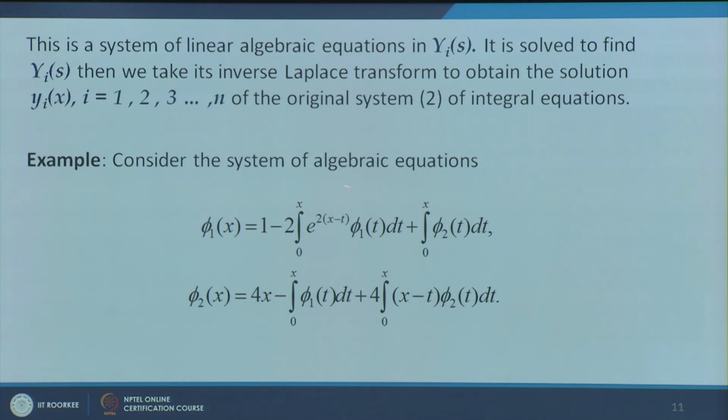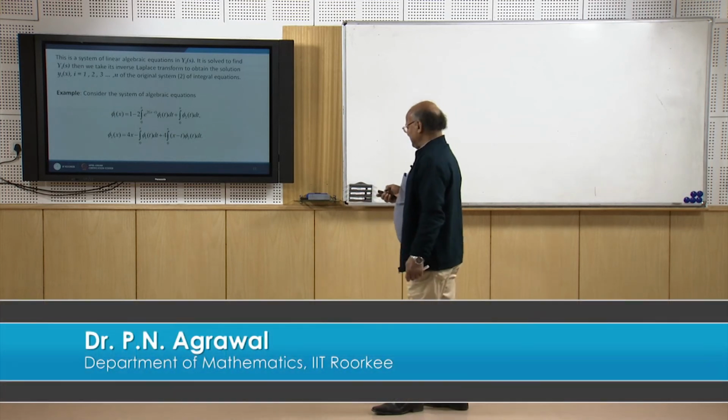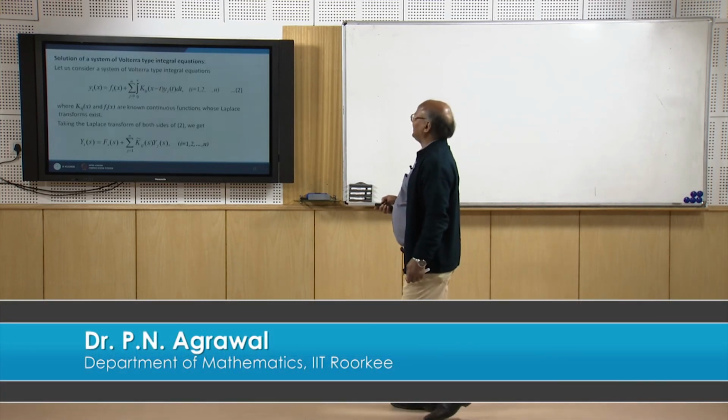Let us say, for example, we consider this system of equations. Phi 1 of x equal to 1 minus 2 times integral 0 to x e to the power 2(x minus t) phi 1(t) dt plus integral 0 to x phi 2(t) dt, and the second equation is phi 2 of x equal to 4x minus integral 0 to x phi 1(t) dt plus 4 times integral 0 to x (x minus t) phi 2(t) dt. Then we get a system of linear algebraic equations in phi_i(s).